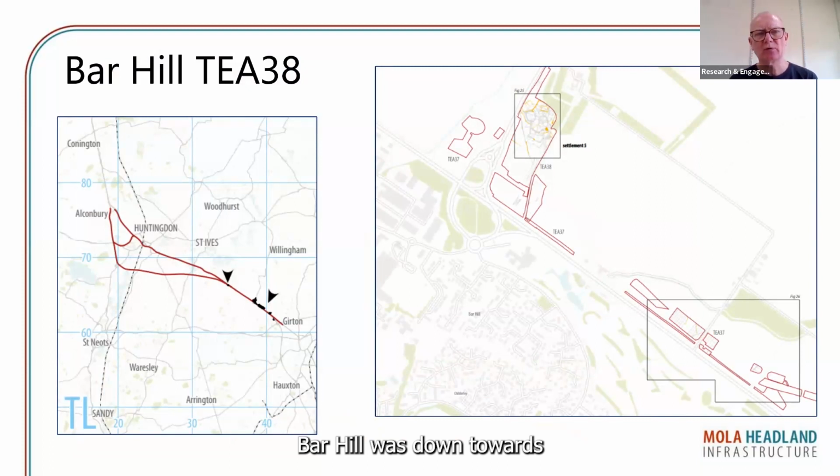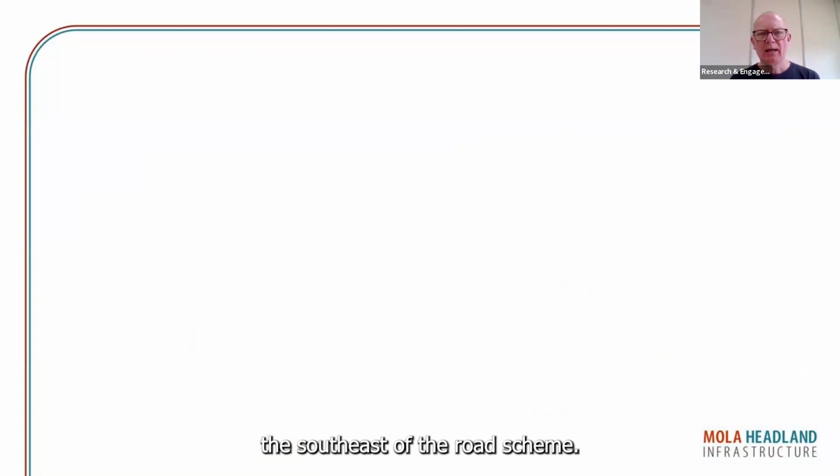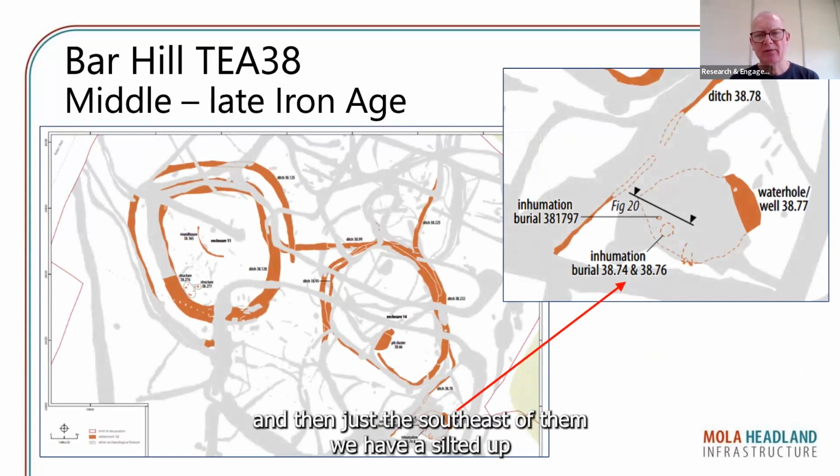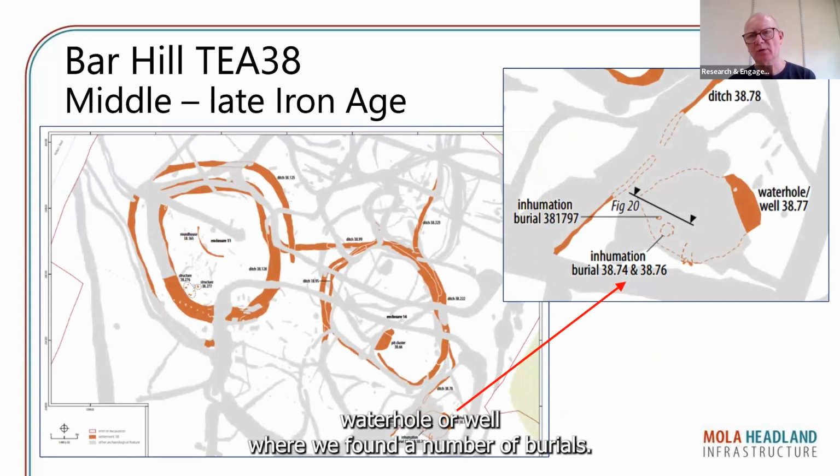Bar Hill was down towards the southeast of the road scheme. Here we see in the main picture two circular enclosures, and just to the southeast of them we have a silted up waterhole or well, where we found a number of burials.